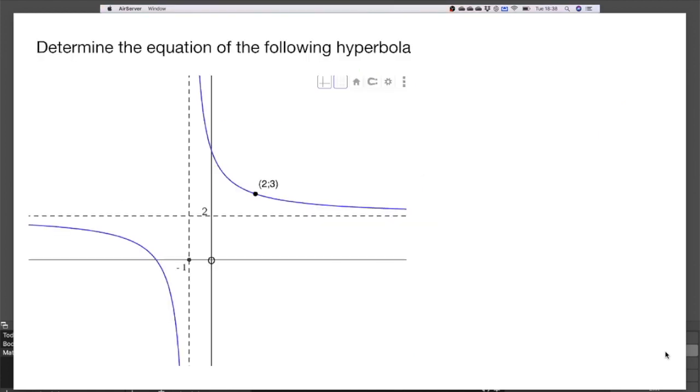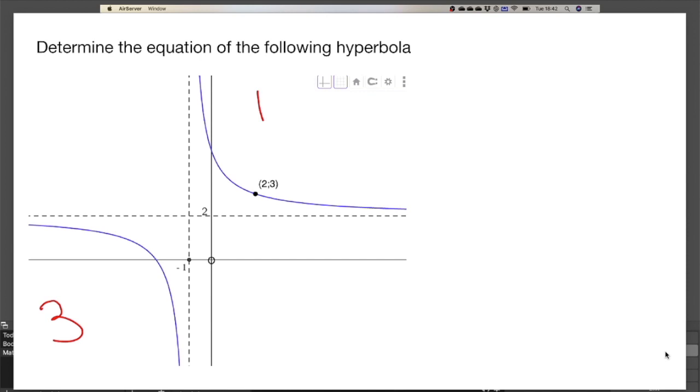You also get questions like this. They draw the graph for you and then ask you to work out the equation. Now this is clearly a hyperbola. You can tell that the a value will be positive because this hyperbola is drawn in quadrant 1 and in quadrant 3. So you know that a will be positive.